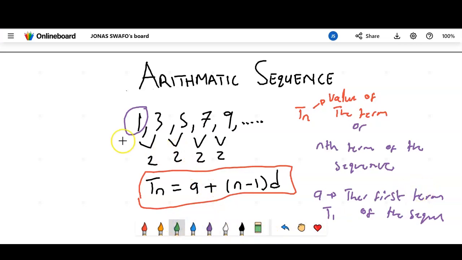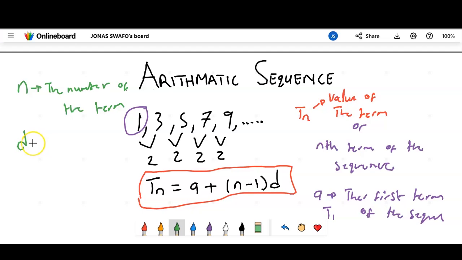So now, we're going to go to N. What is N, right? N is the number of the term, or in short, you can say the term number, right? Last but not least is D. What is D?